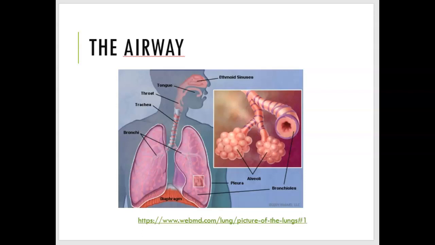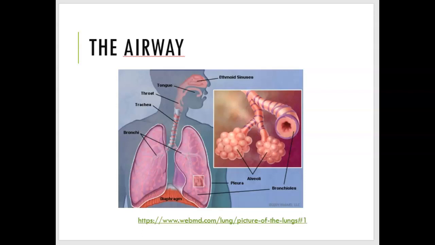The lungs are covered by a thin tissue layer called the pleura. The same kind of thin tissue lines the inside of the chest cavity, and that's also called the pleura. So we've talked about this before, and you've had it in anatomy. One is called the visceral pleura, and one is called the parietal pleura. Do you know which is which?